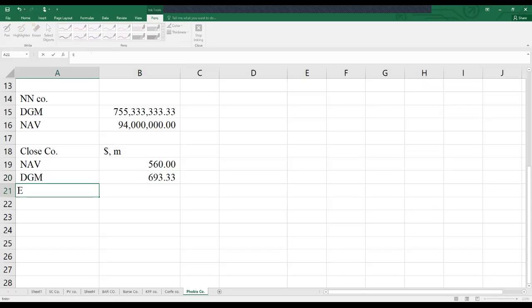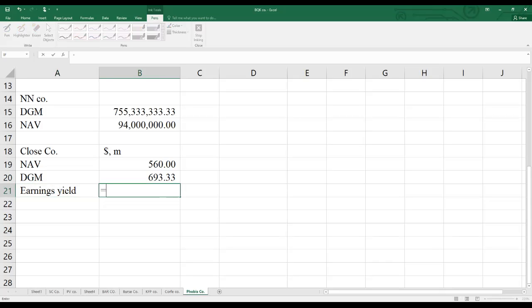Lastly, the earnings yield method. The earnings yield method will be equal to the company earnings, which is 66.6 million, times 1 plus g. The growth in earnings you've been told is 5%, so 1.05.